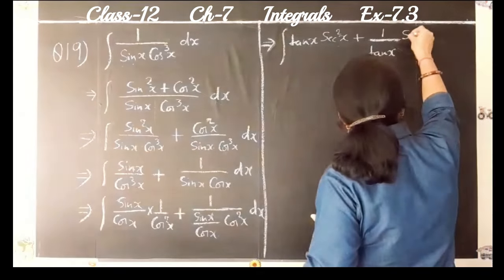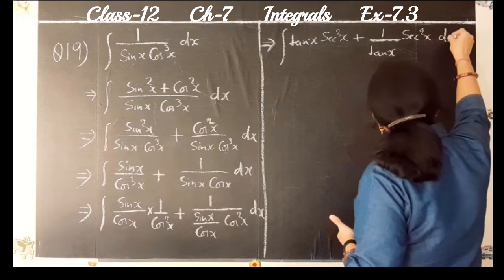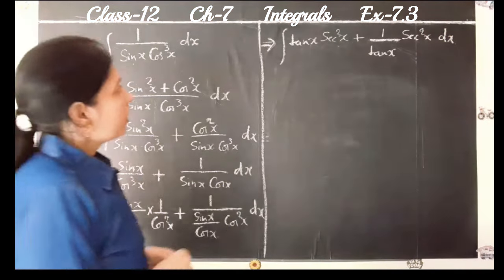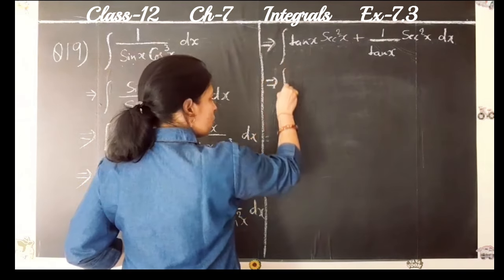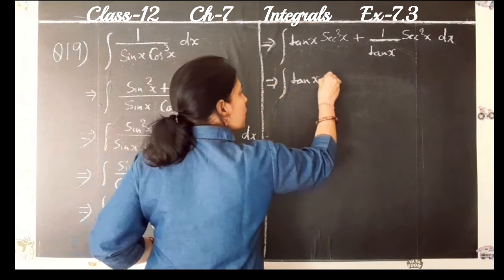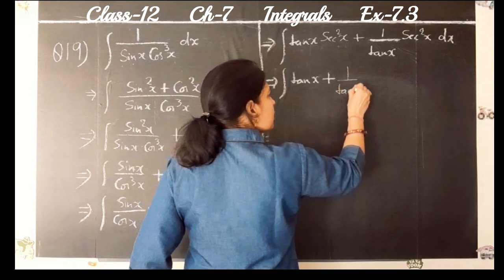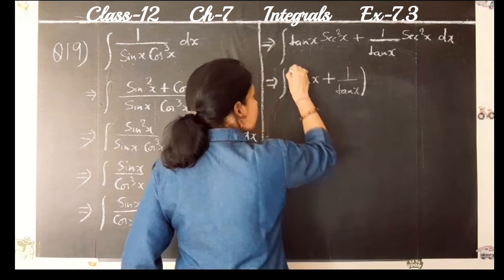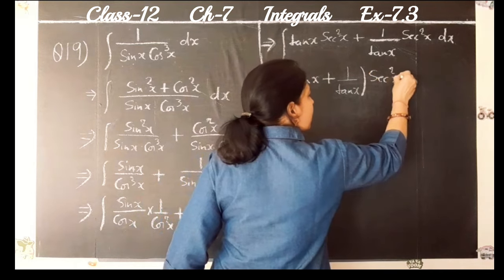So here write sec square x and write this dx. Here we can take common sec square x. So our integral becomes tan x plus 1 by tan x into sec square x dx.